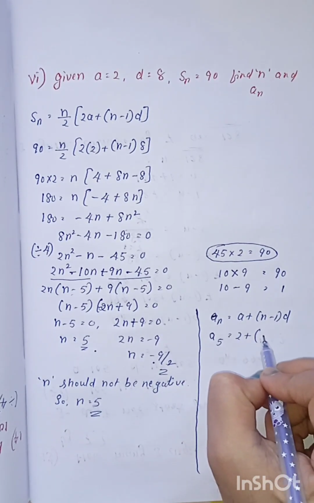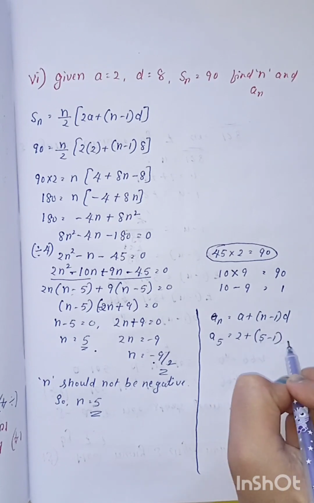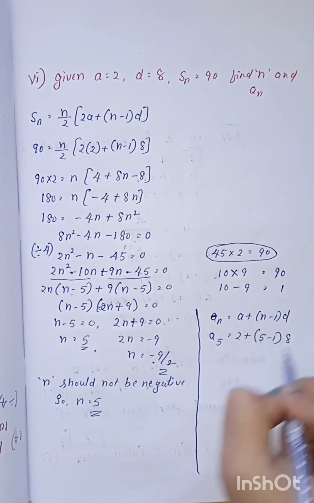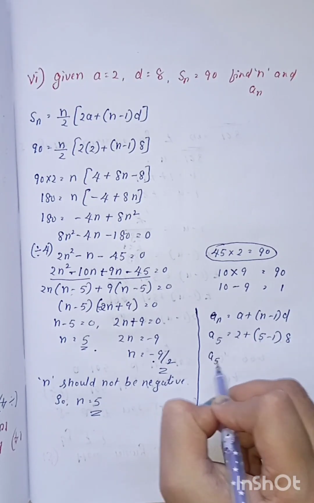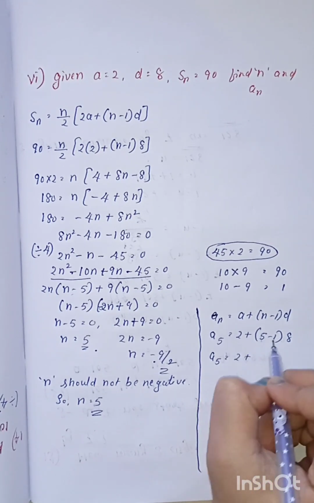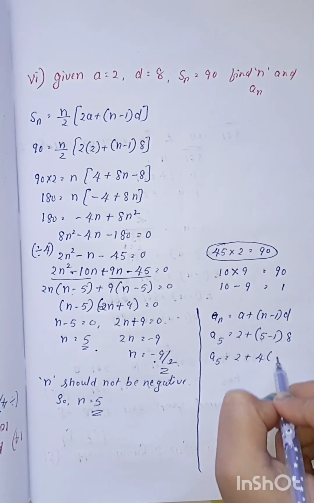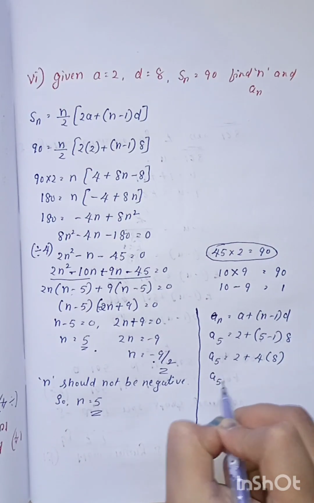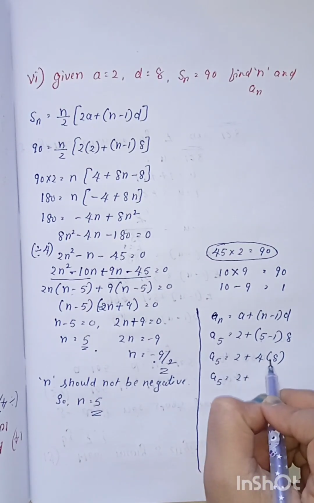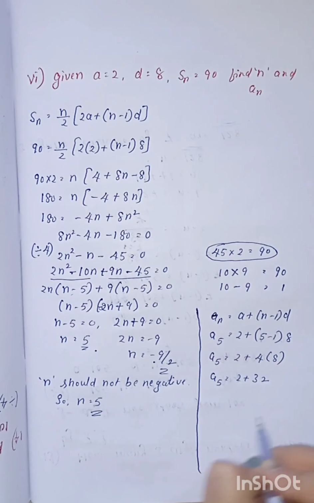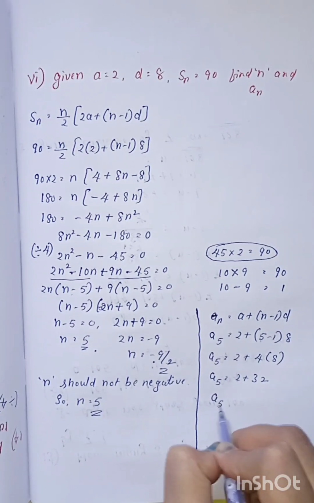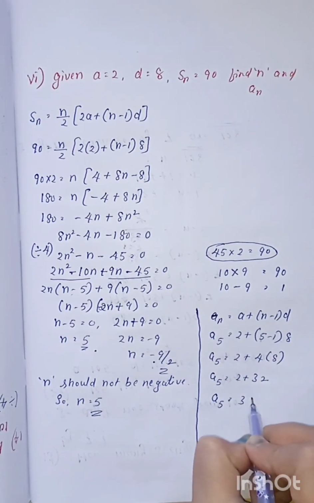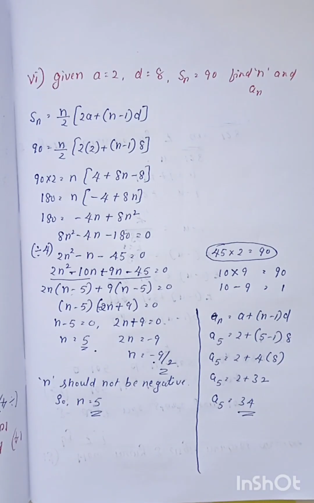Now again n means 5 minus 1, and d means 8. a5 equals 2 plus 5 minus 1, 4, into 8. Then a5 equals 2 plus 4 8s are 32, and a5 equals 2 plus 32, that is 34. This is the answer.